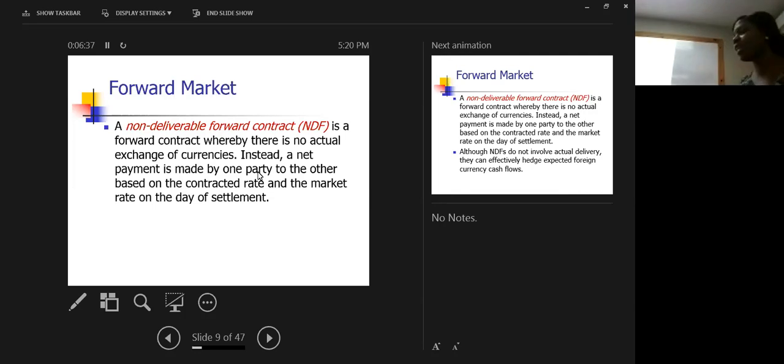Actually, what happens at the end of the forward or the future or the option on the underlying is that when you close it off, you take the cash and you go in the market and purchase the underlying. Now, if you are long and the value of the asset has gone up, the derivative contract is supposed to give you a net gain so that together with the gain, it would be a perfect hedge, right?